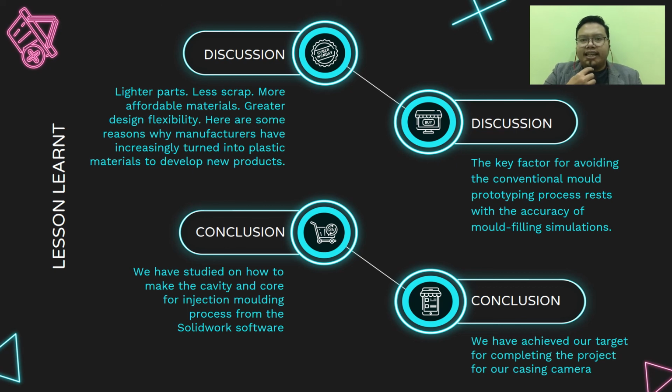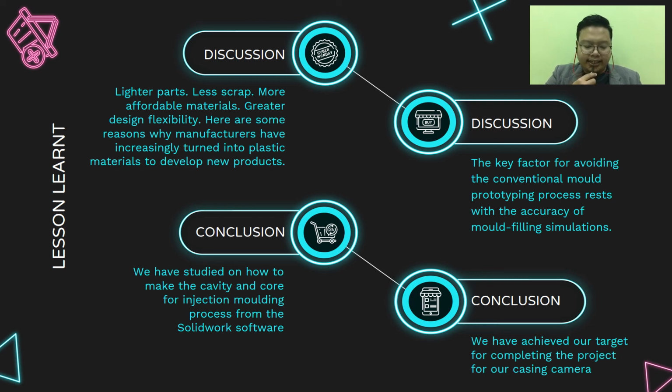We can summarize that there are two discussions for this group project. Firstly, there are some reasons why manufacturers have increasingly turned to plastic materials to develop new products. The reasons are lighter parts, less scrap, more affordable materials, and greater design flexibility for making plastic products.